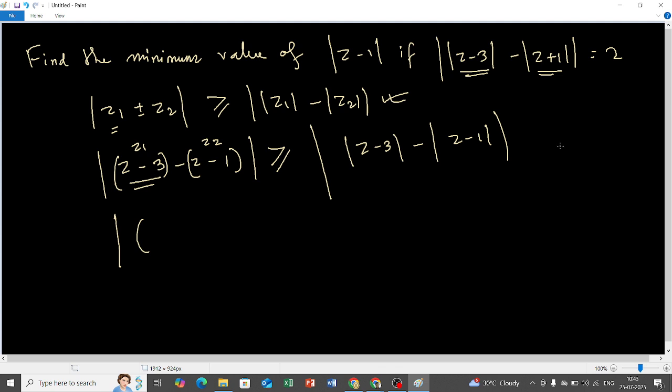Understood? Yes sir. Now mod of z minus 3 minus z minus 1 is greater than equals to, what is this value? This is 2, right?